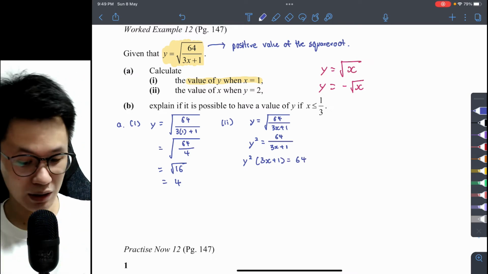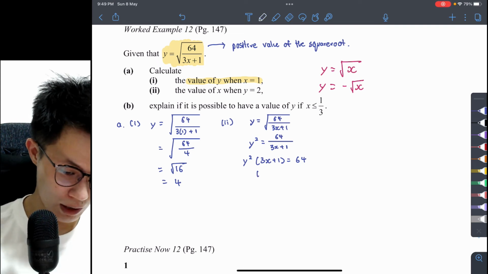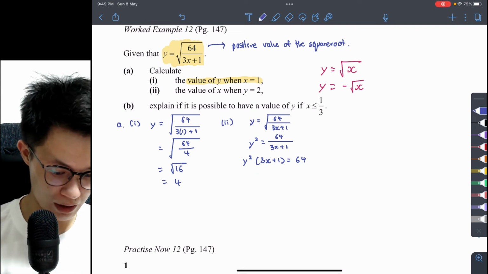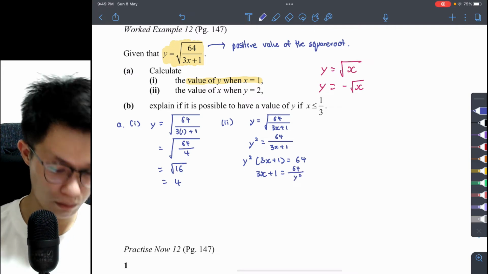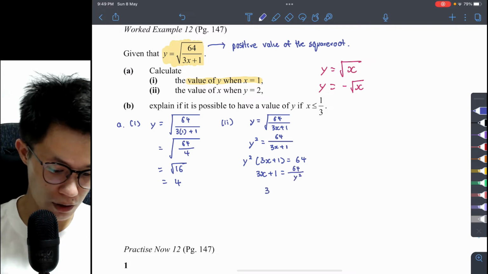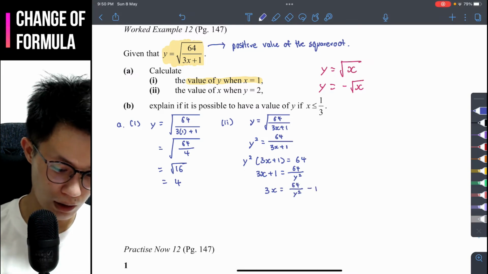I'm not going to expand it out because there is no point to expand it out. Actually, what I'm going to do is bring the y squared over. So 3x plus 1 is simply equal to 64 divided by y squared. Okay, and then 3x is equal to 64 divided by y squared minus 1.